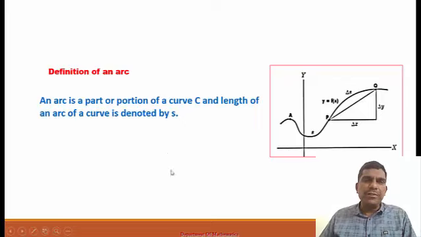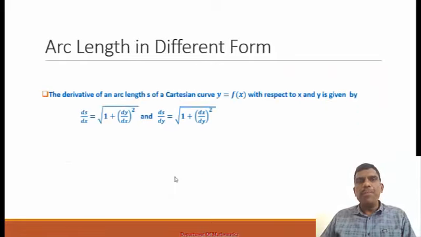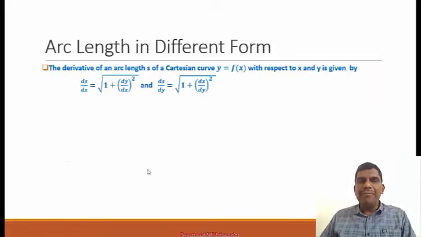The expression for this delta s can be obtained in three different ways. In the Cartesian form, we have the derivative of arc length represented by ds by dx, which is equal to square root of 1 plus (dy by dx) the whole square, and ds by dy is equal to square root of 1 plus (dx by dy) the whole square.